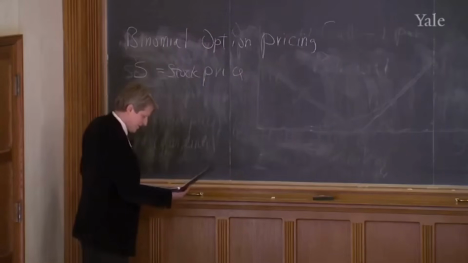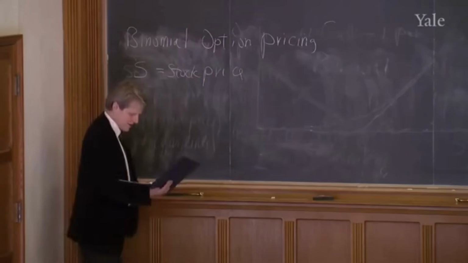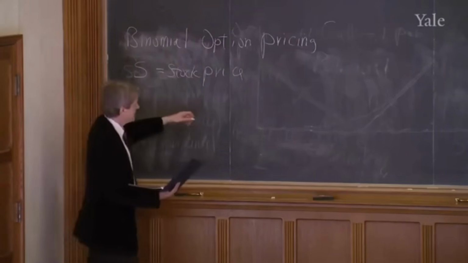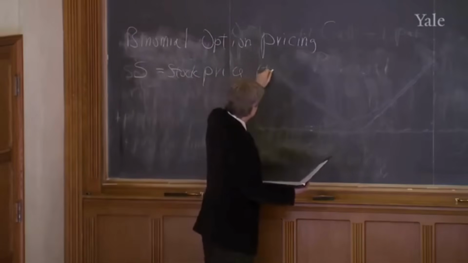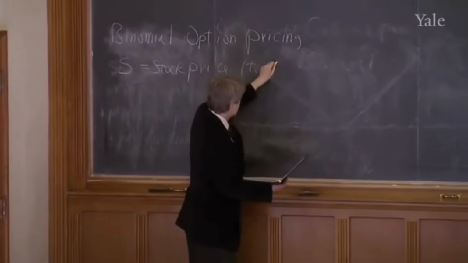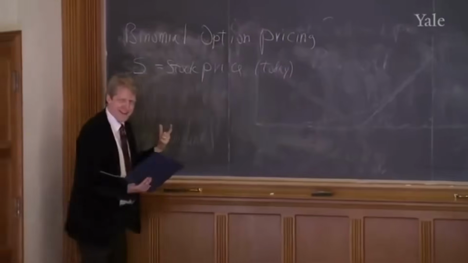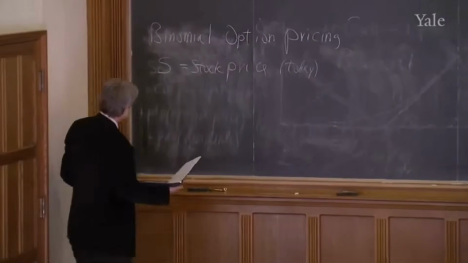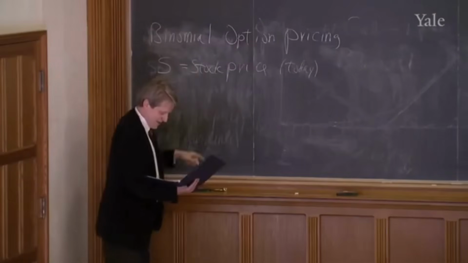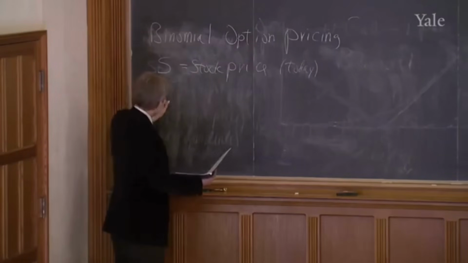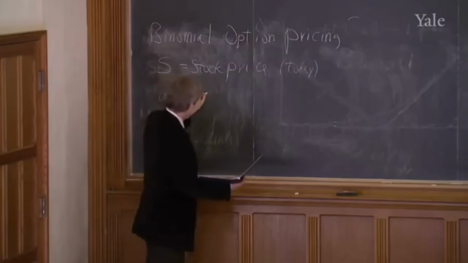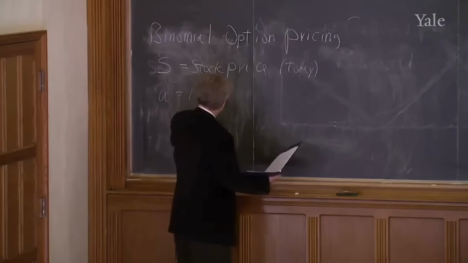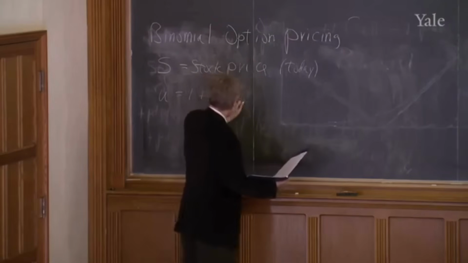And then I'm going to assume that the stock price, that's today. And this is also a simple world in that there's only one day. The option expires tomorrow. There's only one more price we're going to see. So the stock is either going to go up or down. So U is equal to 1 plus the fraction up, that it goes up. U stands for up.